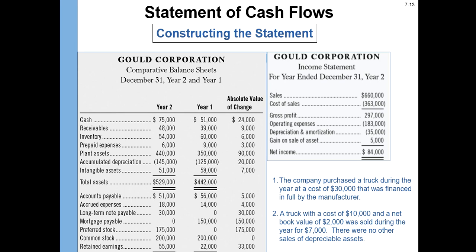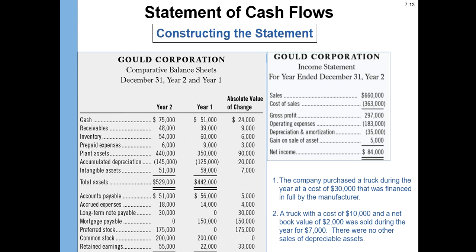A truck with the cost of $10,000 and the net book value of $2,000 was sold during the year for $7,000, with no other sales of depreciable assets.